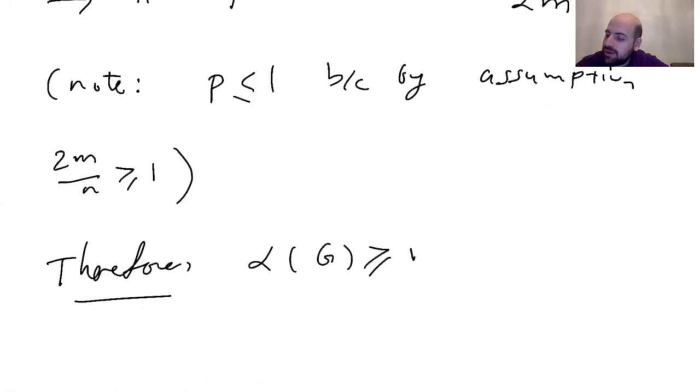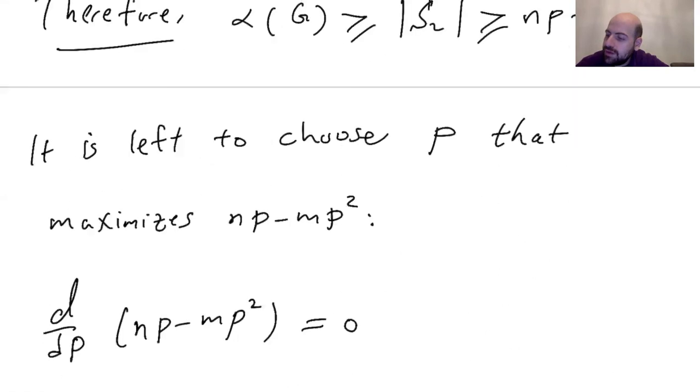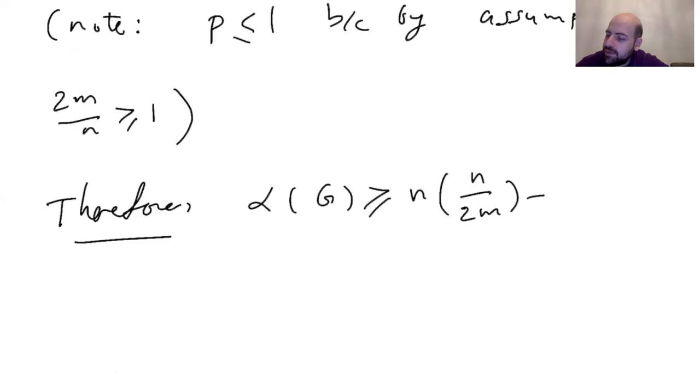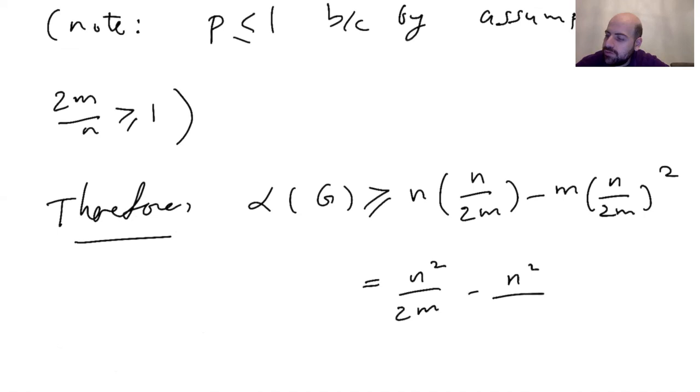So it's going to be N times N over 2M minus M times N over 2M, the whole squared. So this is N squared over 2M minus N squared over 4M. And this is N squared over 4M.